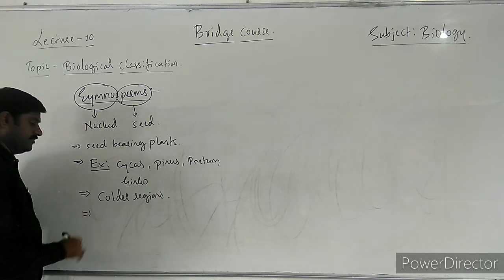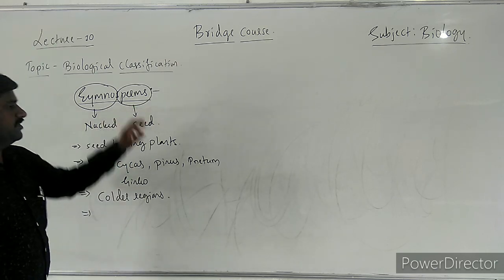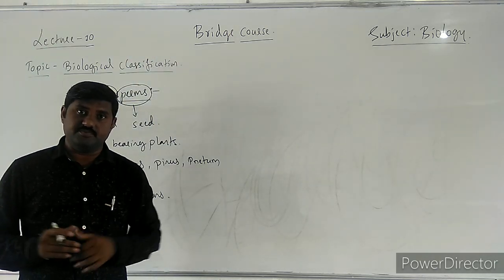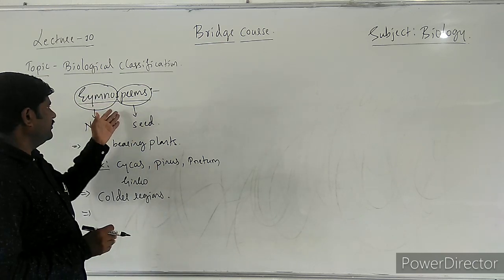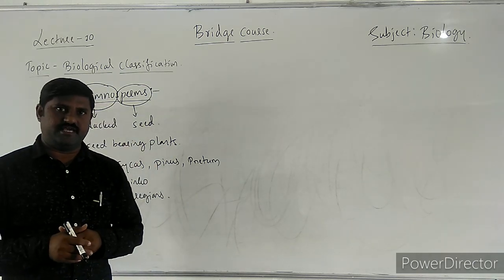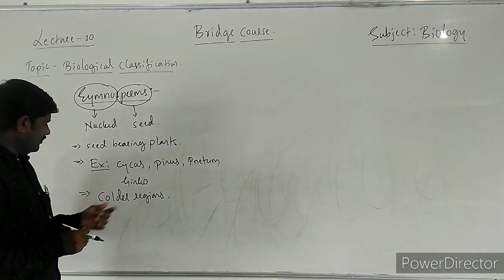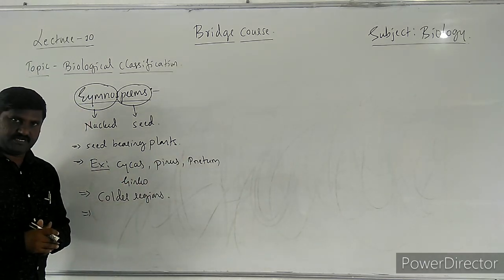Once upon a time, gymnosperms were covering the entire world, in the Jurassic period. So these were dominant plants in those days, but nowadays they have been restricted to only colder regions, right?